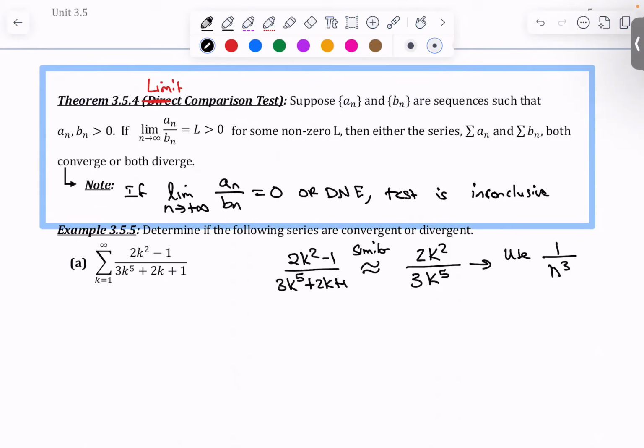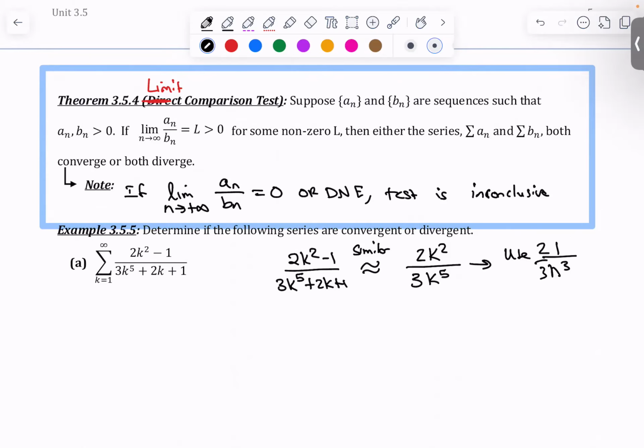The numerator is dominated by that k squared term, and the denominator is dominated by that k to the fifth term. So at the end of the day, once we're going into very big powers of k, all the other small stuff doesn't matter. So just looking at 2k squared over 3k to the fifth, you could try 2/3 times 1 over k cubed, but it doesn't really matter.